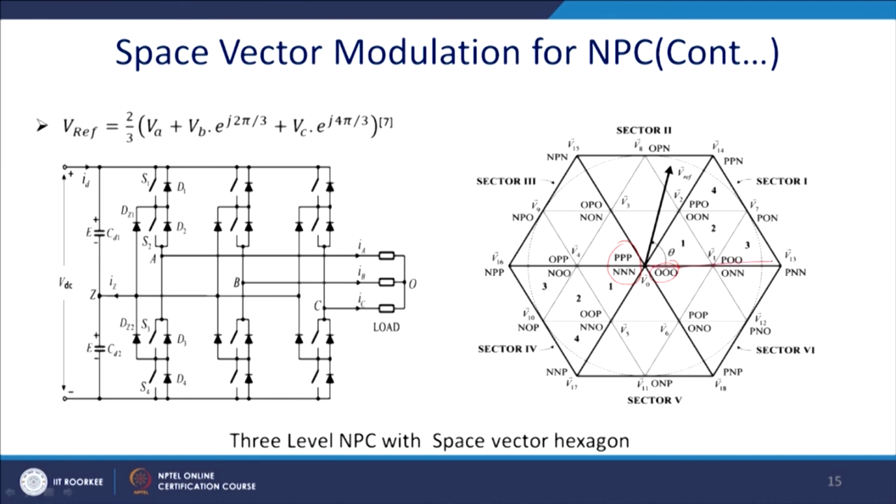Look, this magnitude is essentially 2 VDC by 3, and this magnitude you can have as a half voltage vector, you can see the magnitude of it. So, from the triangle you can see this angle value.